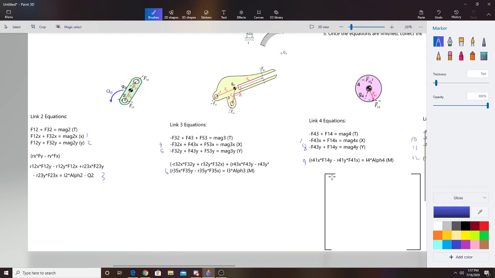But, so 1, 0, 1, 1, 2, 3, 4, 5. All right. Sorry. 0. Oh, man. 0, 1, 0, 1. 10.